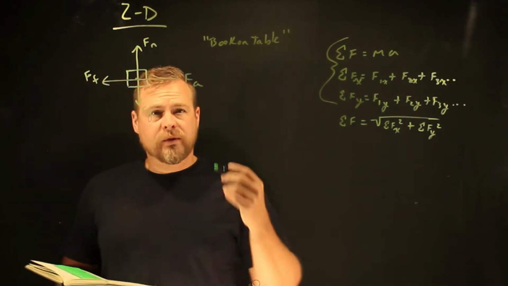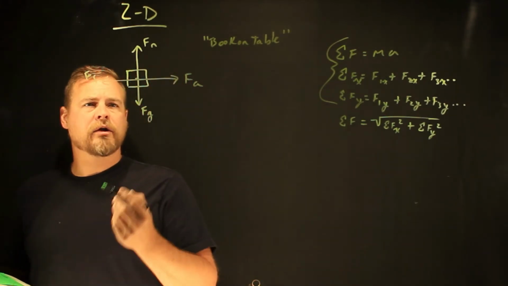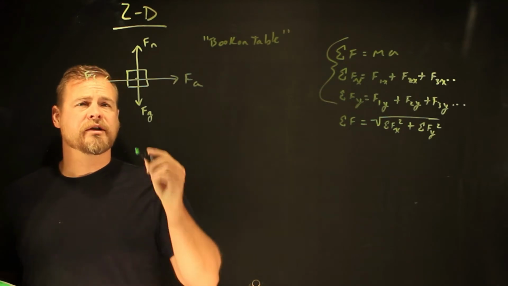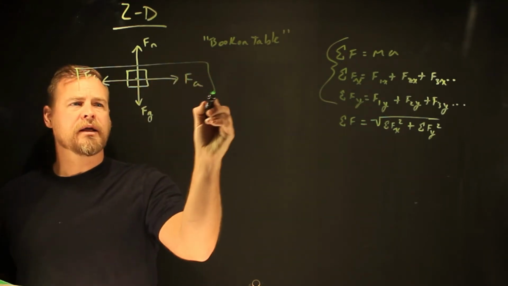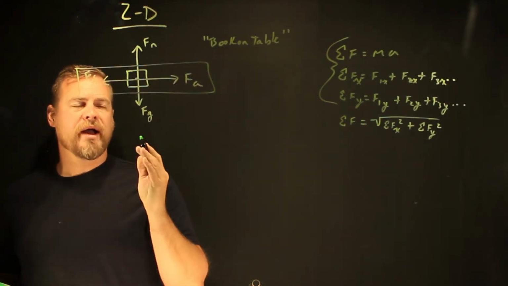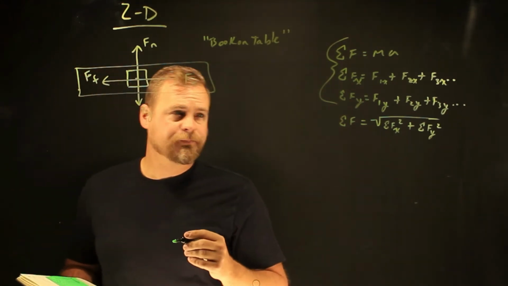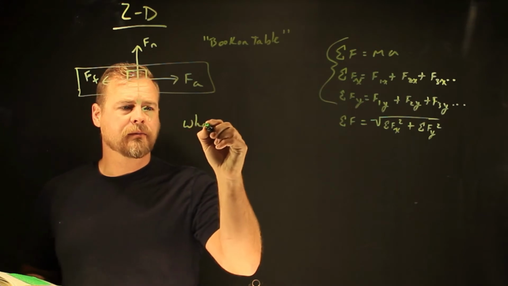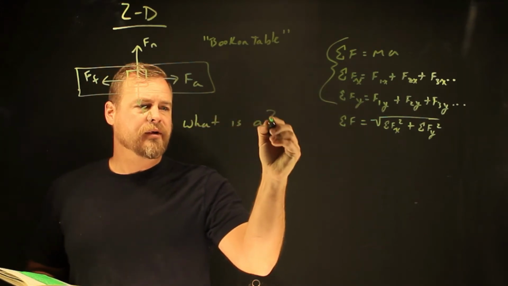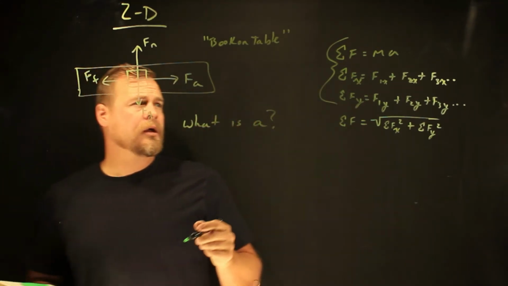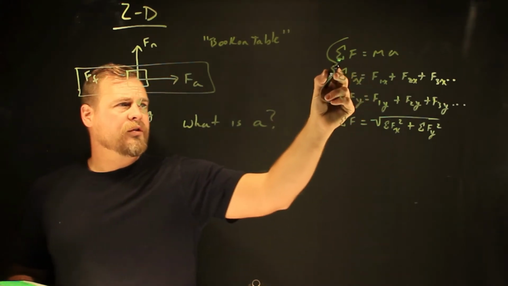Okay, so the way you set this up, I want to know acceleration. Okay, so acceleration is happening in the x dimension. I'll show you what's going on in the y later, but for right now, let's talk about the acceleration. So what is acceleration of this box? Okay, I'm going to start with this form right here.